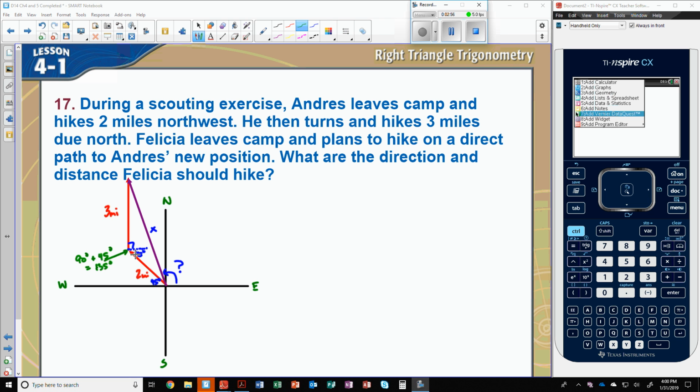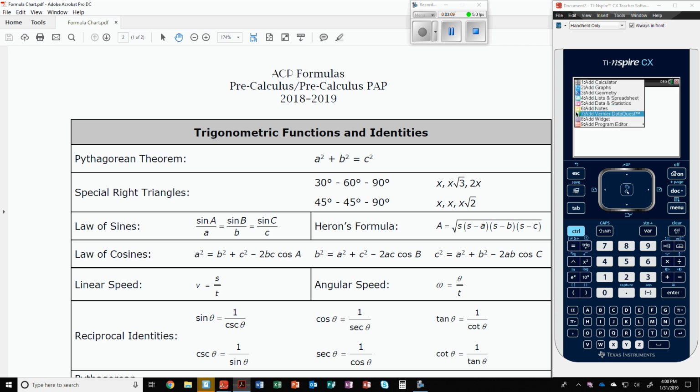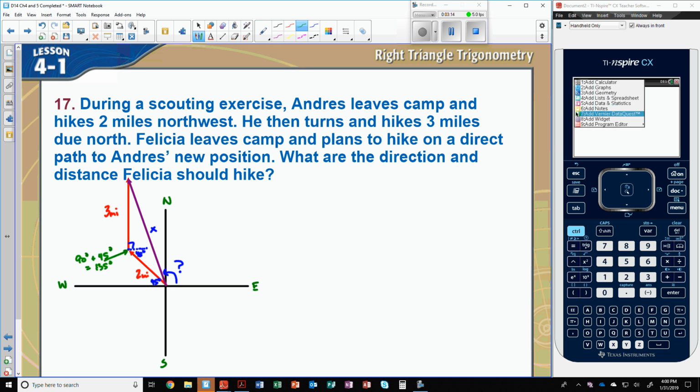That's 135. Now, I don't have a completed set because I don't know this length across from it, but I can use the law of cosines because I have the angle across from my unknown. Looking at our formula chart, the law of cosines is given here. I'm going to take the first one: a squared equals b squared plus c squared minus 2bc times the cosine of angle A. Now we start plugging in our values.